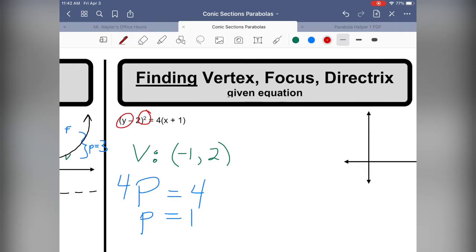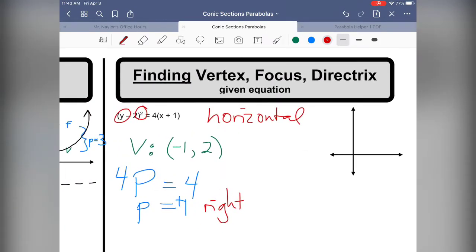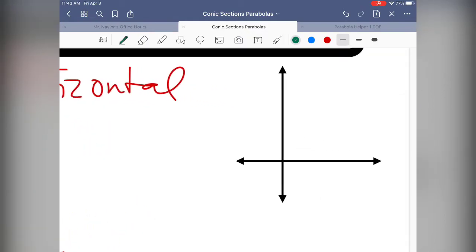And if y is being squared, this is definitely going to be a horizontal axis. It's going to be a horizontal parabola. And further, because the p-value is positive, we're able to say that this graph is going to open specifically to the right. So we have a horizontal parabola, it opens to the right. I think we're ready to think about a sketch so that we can finish up the rest of this problem.